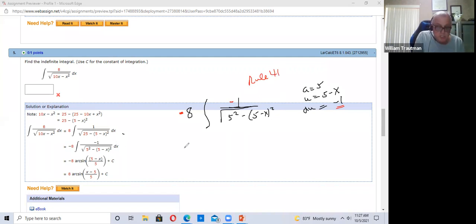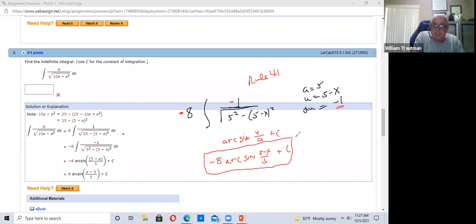Rule 41, and rule 41 changes when you integrate this, you end up with arc sine of u over a plus c. So arc sine u, which is 5 minus x over 5 plus c, and there's a negative 8 in front of it. Okay, so this is an answer.